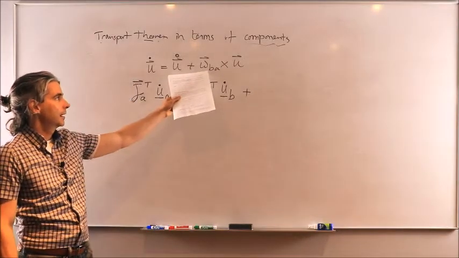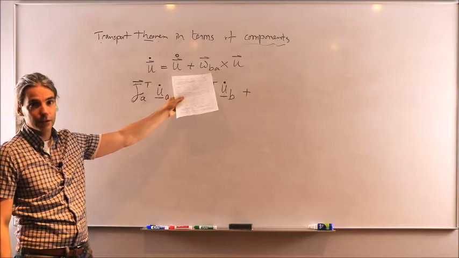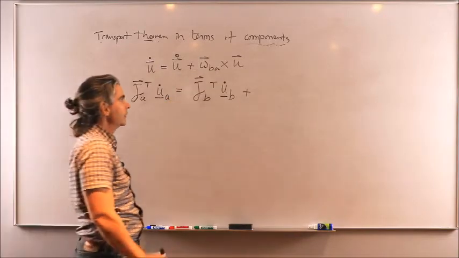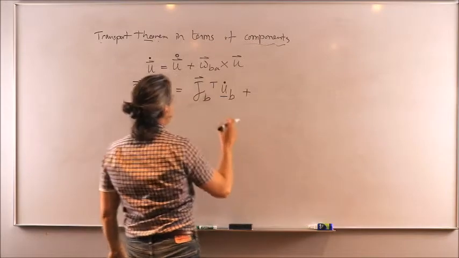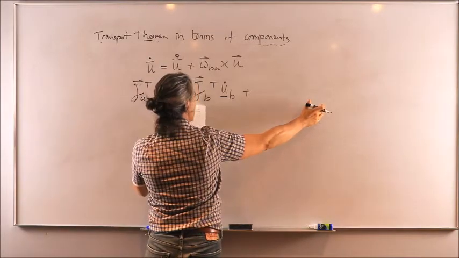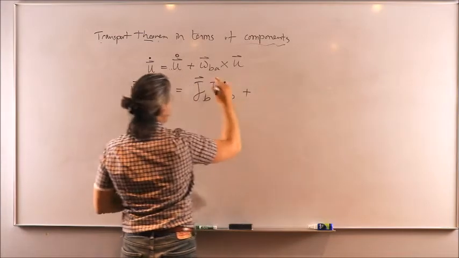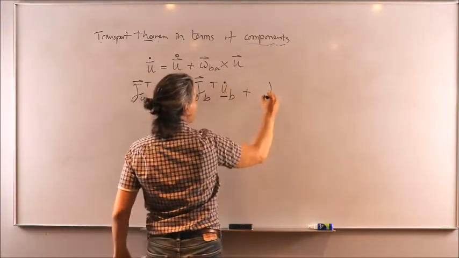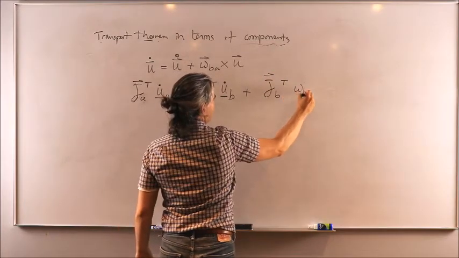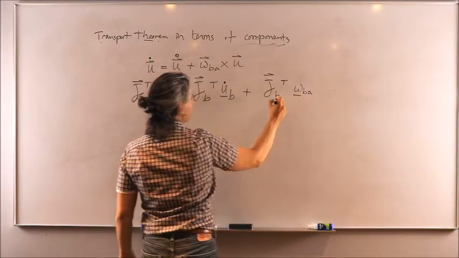That vector can be expressed in reference frame B, or it can also be expressed in reference frame A. It doesn't matter, but because I'm going to try to write everything on this right-hand side of the equation in reference frame B, I'm going to stick to reference frame B for omega BA. So I'm going to write omega BA in terms of components like that in reference frame B.